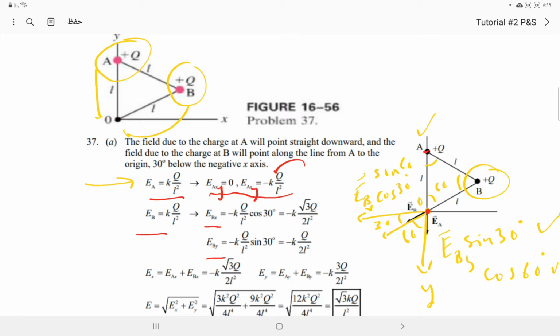So we have an EA in the Y direction coming from A to B. And also we have EBY in the same direction, sine 30, as we found just now.